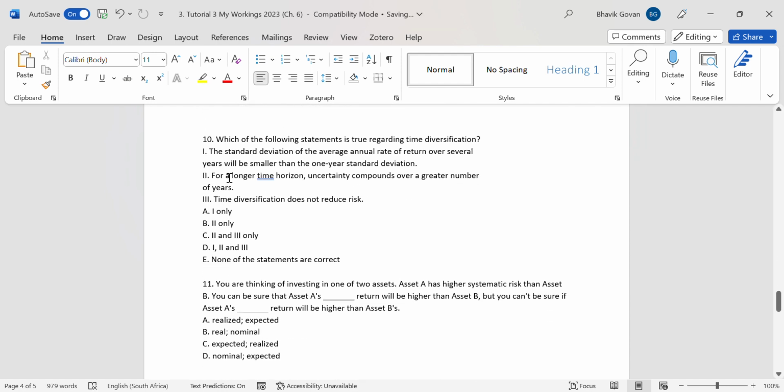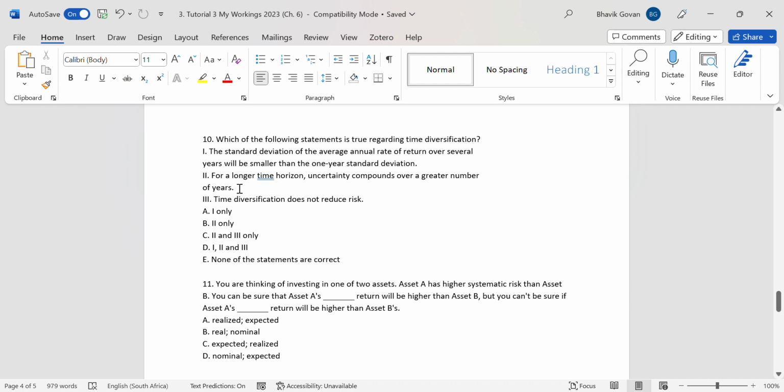Which of the following statements is true regarding time diversification? So, the standard deviation of the average annual rate of return over several years will be smaller than the 1-year standard deviation. That is true. For a longer time horizon, uncertainty compounds over a greater number of years.